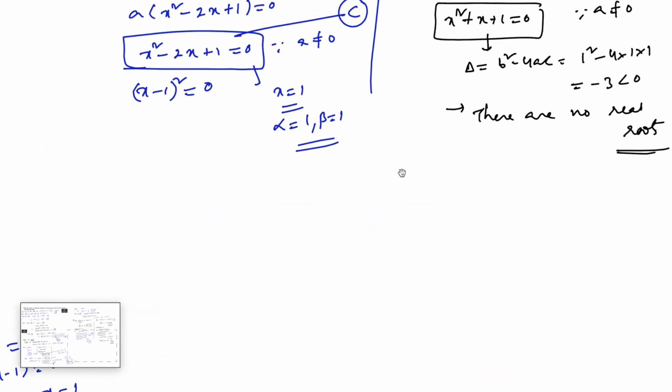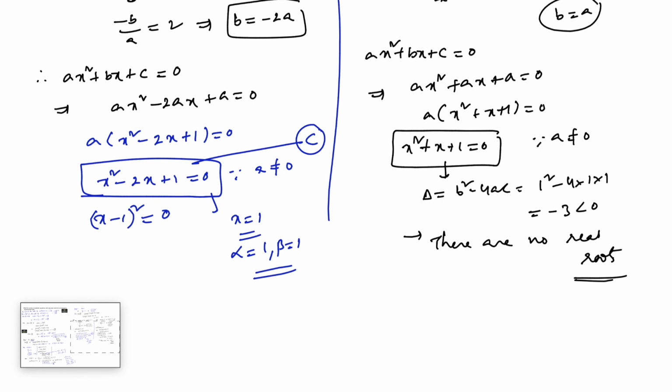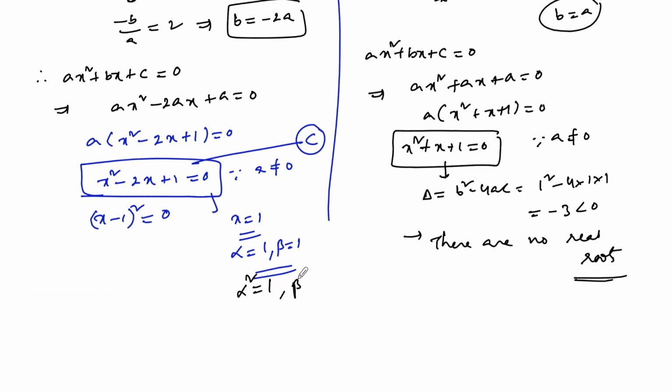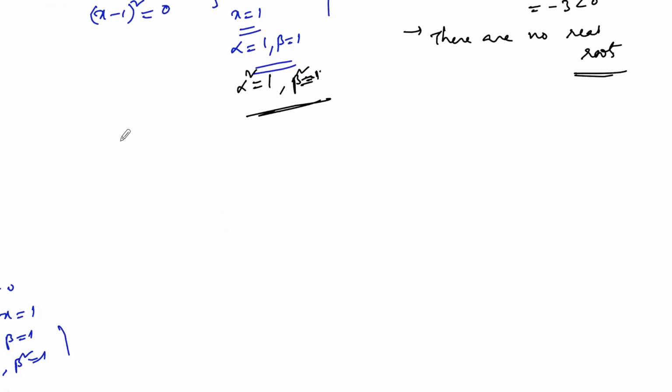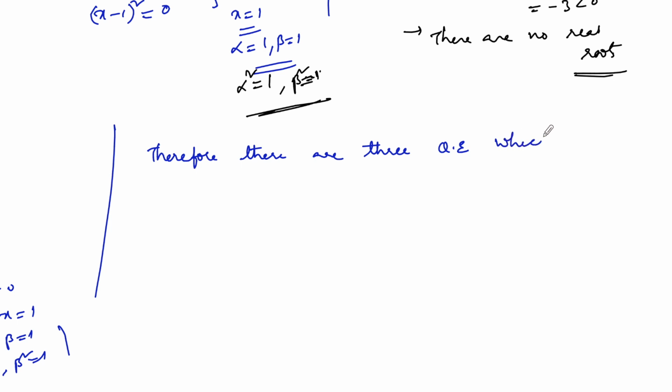And in the third case also, alpha is equal to 1 and beta is equal to 1. On squaring, alpha square is equal to 1, beta square is equal to 1. So in this case also you're getting the same equation. So we can just consider that these are the three equations which are possible for the given condition. Therefore there are three such quadratic equations which satisfy the given condition.